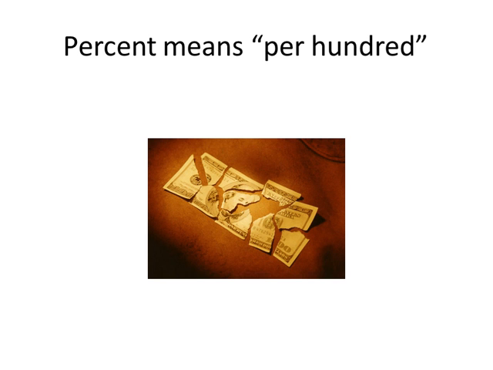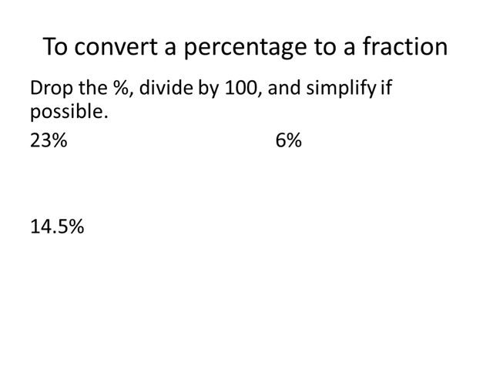Percent means per hundred. Per commonly refers to division, and hundred, of course, refers to 100. So whenever we're talking about a percent, we're actually talking about a value that's been divided by 100.